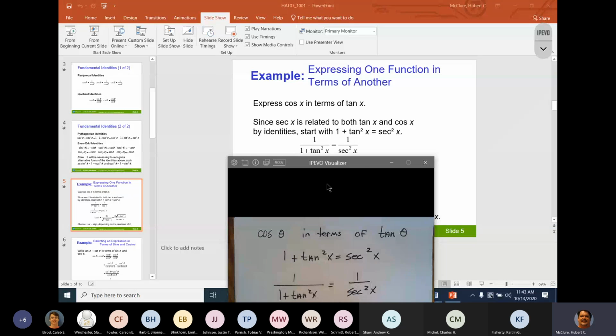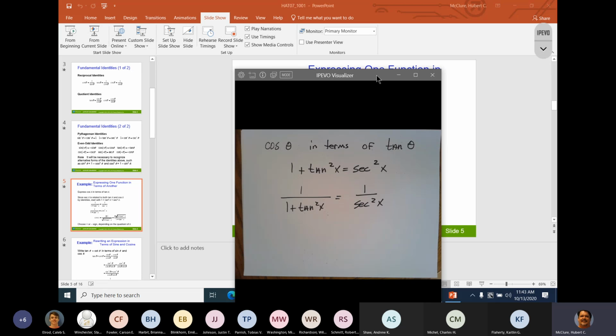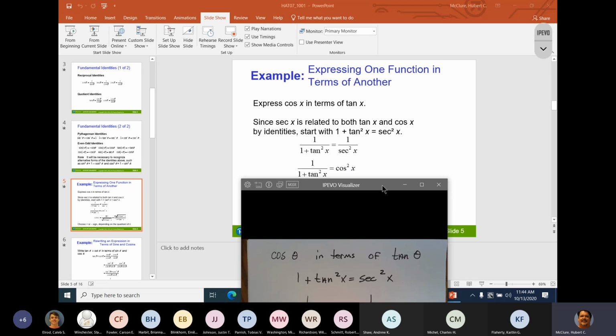Now, the reason they're doing this is they're going to get it in the form of a reciprocal identity. And when they get it over the reciprocal identity, then you can rewrite it. So there it is. 1 over 1 plus the tangent squared is equal to, well, use your identity. Use your identity. Here we go.